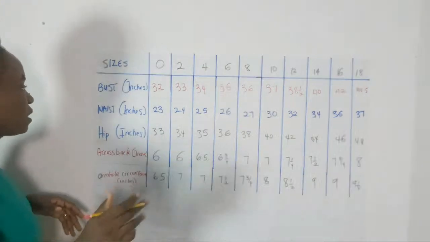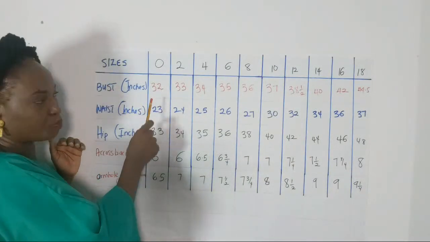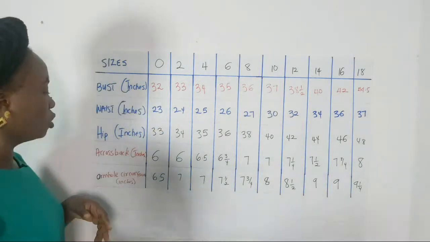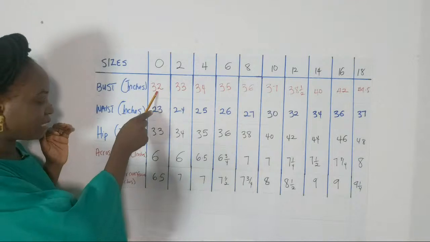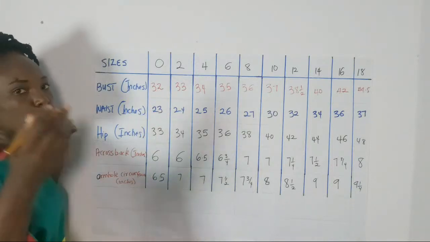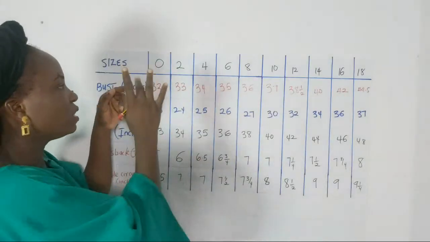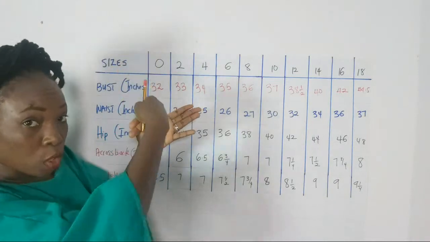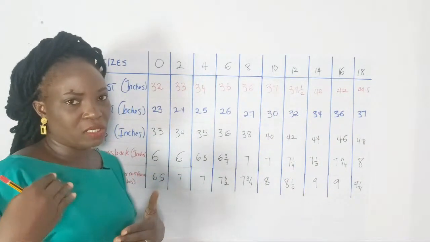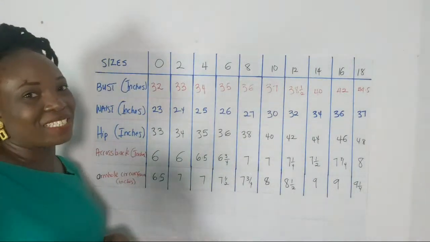For instance, someone that has bust 32, quarter of 32 is 8. So you can see that the difference between 8 and 6 is 2 inches. When you're adapting the basic bodice pattern, the distance from the armhole should not be too far from the bust measurements. I don't know whether I'm making sense, so just have that as a guide.